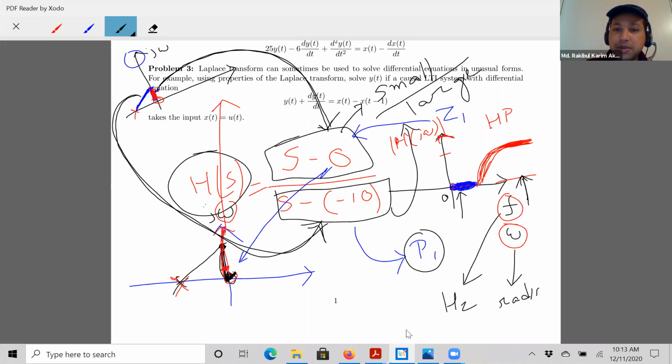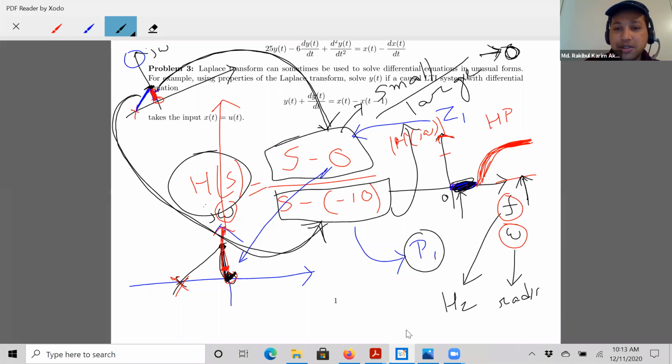If you divide a very small thing by a large thing, it will eventually become almost 0. Say small is 1, large is 1000, then it becomes almost 0. So when omega is very small, your transfer function becomes what?